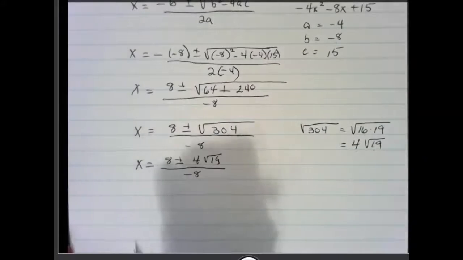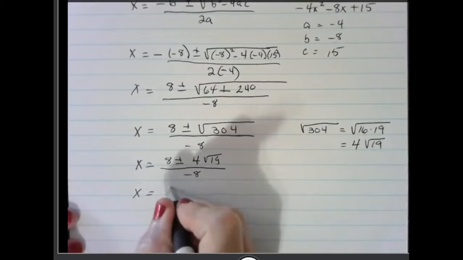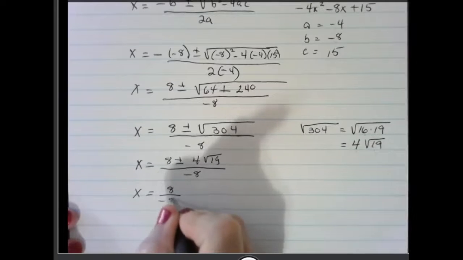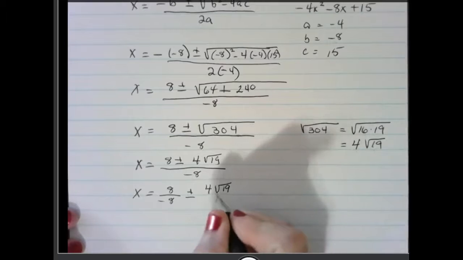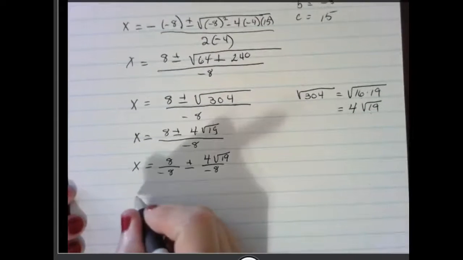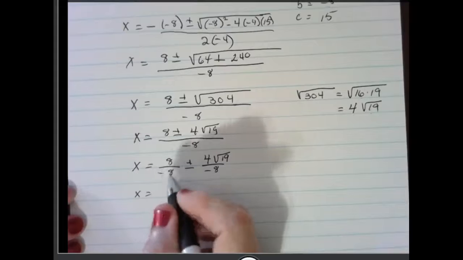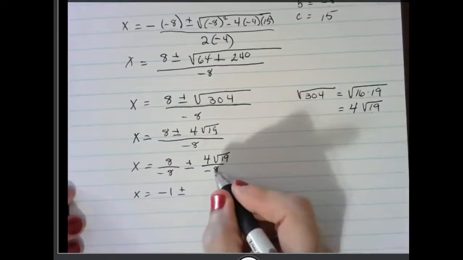And we can simplify this a little more. I'm going to break it into two fractions: 8 over negative 8 plus or minus 4 square root of 19 over negative 8. Because 8 over negative 8 is going to be negative 1, plus or minus.